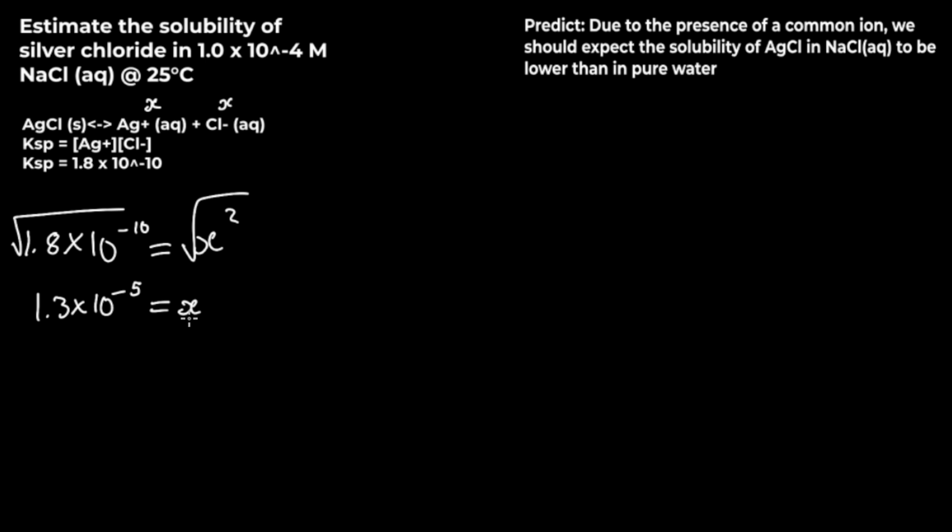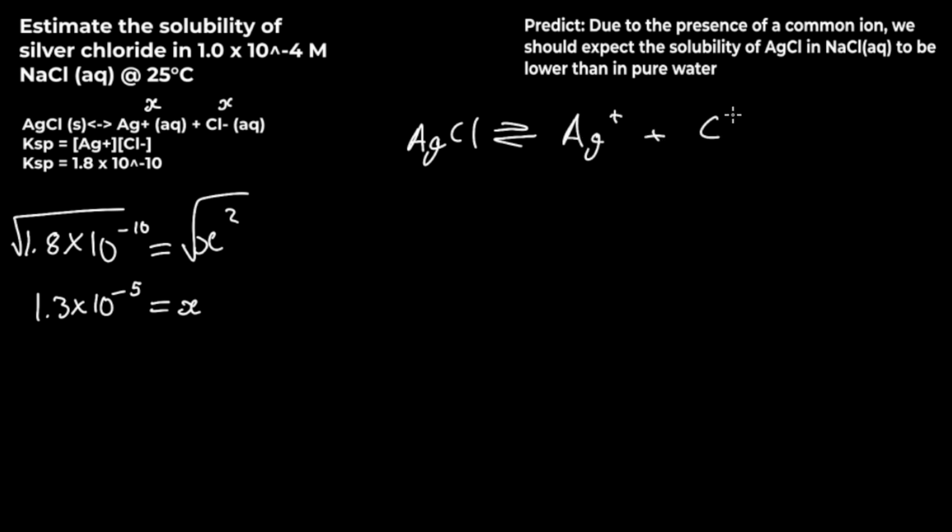So there's no common ions. Now let's see if this prediction is correct. I'll set up the ICE table again, because I really do think that is the easiest way to visualize and figure out where the extra concentration of the ion fits in.